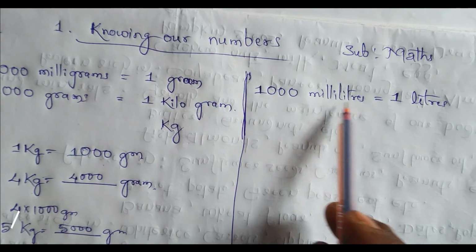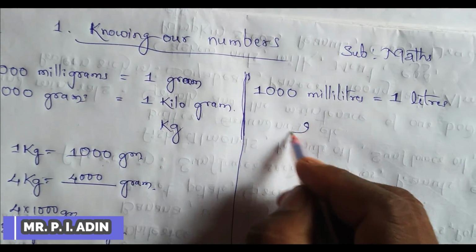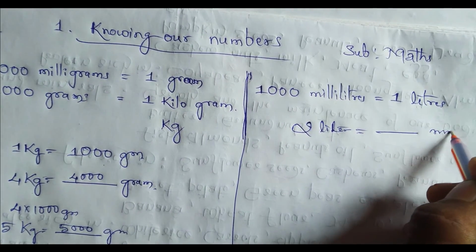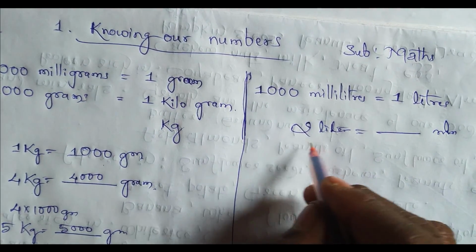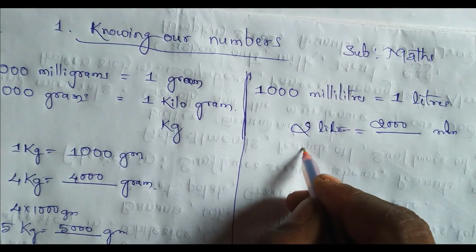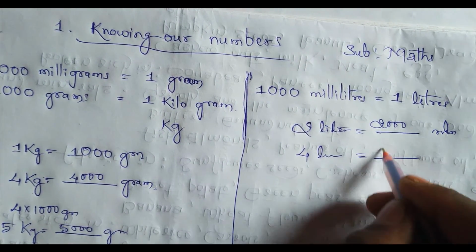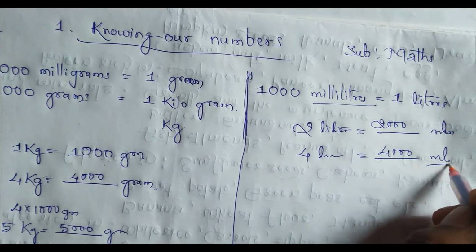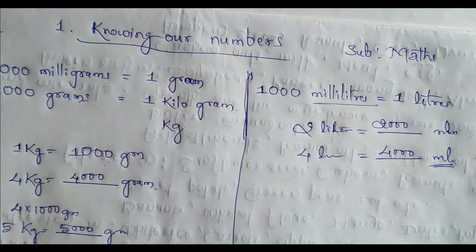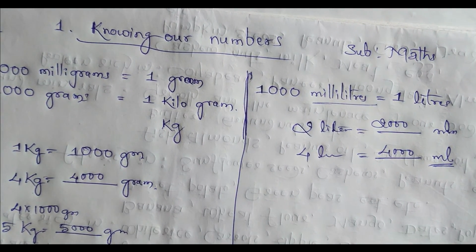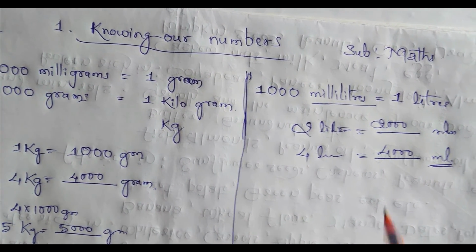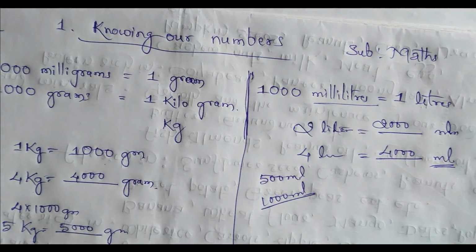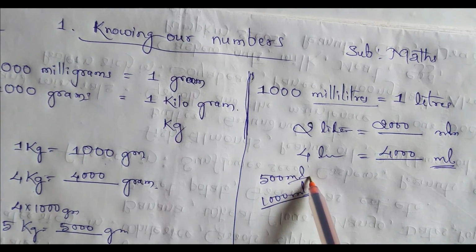So 1000 milliliters is equal to 1 liter. 2 liters is equal to how many milliliters? 2000 milliliters. 4 liters is equal to 4000 milliliters. ml is the short form of milliliter. Just check, when you bring a milk packet, on it they wrote 500 ml or 1000 ml. So ml means milliliter.